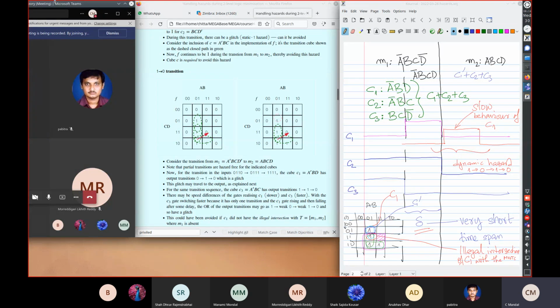So if you look at this example, we have given a Karnaugh map where the four min terms are shown, and we are considering the transition indicated by that crimson arrow. It looks like a straightforward matter, but there is a subtle problem.